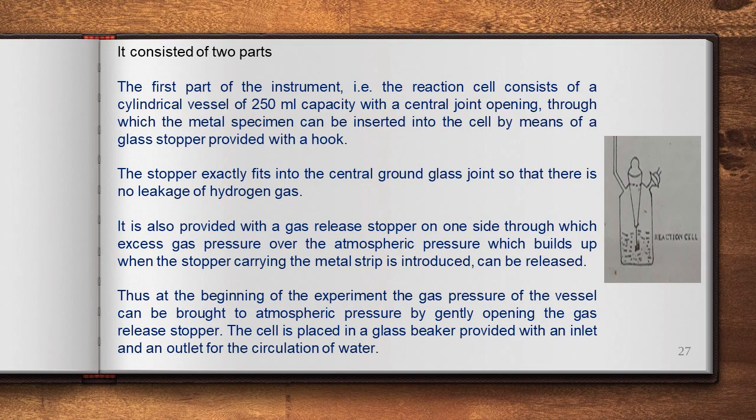It is also provided with a gas release stopper on one side through which excess gas pressure over the atmospheric pressure, which builds up when the stopper carrying the metal strip is introduced, can be released. Thus, at the beginning of the experiment, the gas pressure of the vessel can be brought to the atmospheric pressure by gently opening the gas release stopper, and the cell is placed in a glass beaker provided with an inlet and an outlet for the circulation of water.